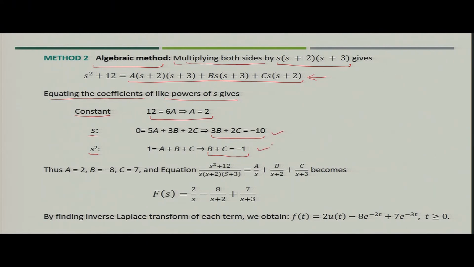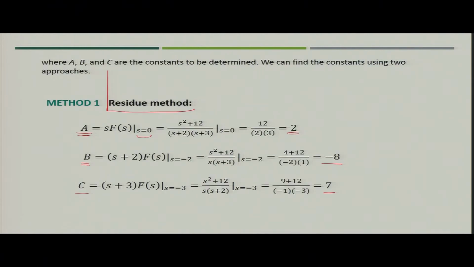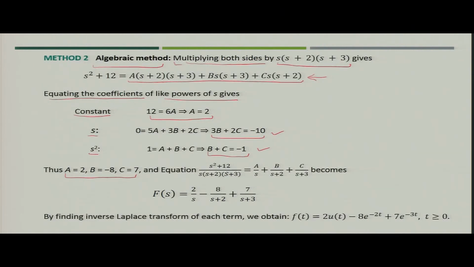Now, you have two equations and two unknowns, you can solve and you will get the value again as A equal to 2, B equal to minus 8 and C equal to 7. So, either you use this method or the previous method which we discussed, that is the residue method, you will get the same results.